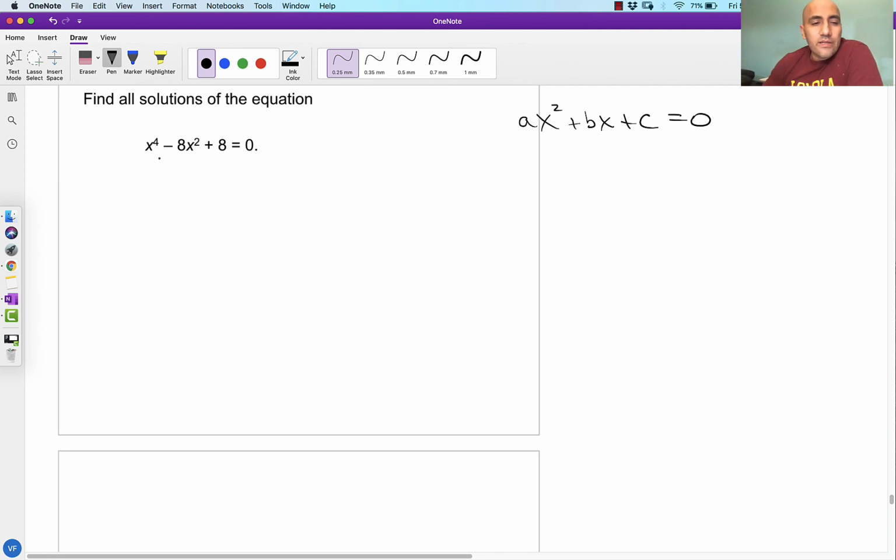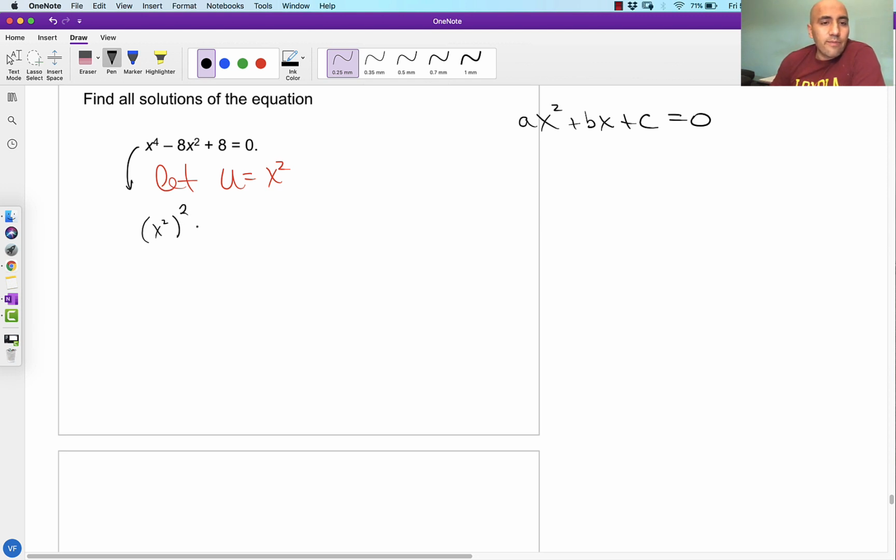And so this one here doesn't initially look like it fits that form because it's a power 4 instead of a power 2. But if we do a very straightforward substitution, like say a u substitution, why don't we let u equal x squared, then that must mean that we can rewrite this as x squared squared, right?